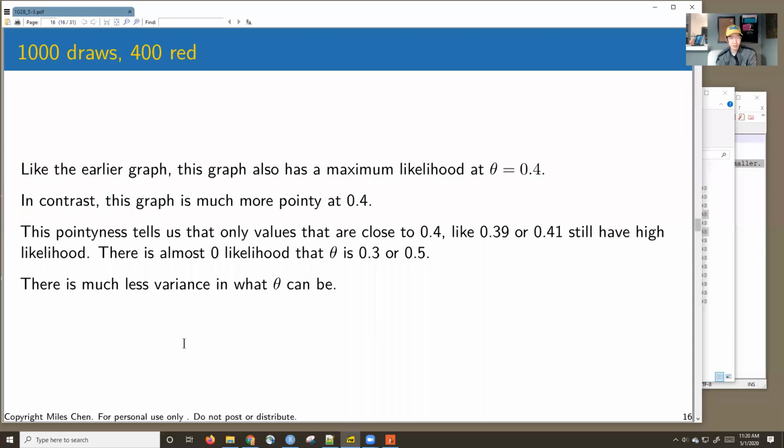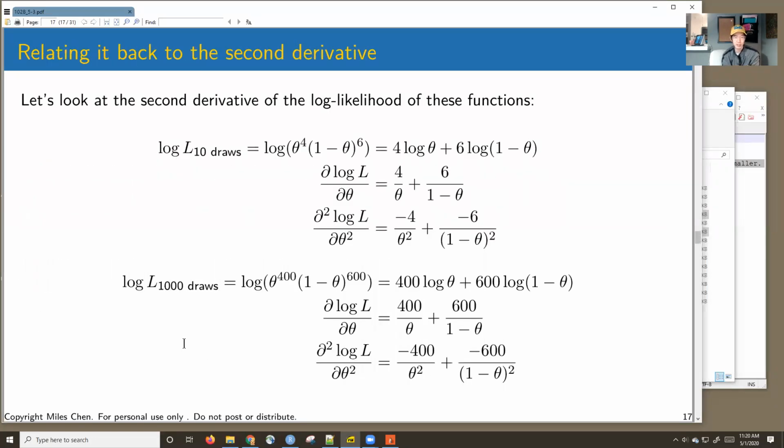So let's tie this back to the second derivative. The second derivative measures the curvature of the function. The likelihood of 10 draws and 4 red is theta to the 4 times 1 minus theta to the 6. The log likelihood is 4 log theta plus 6 log(1 minus theta).